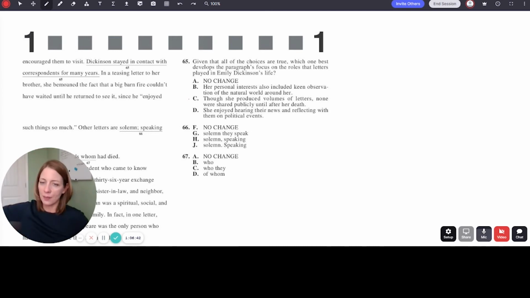So this is off topic. We're not talking about that right now. Wouldn't fit in that paragraph. She enjoyed hearing their news and reflecting with them on political events. So this kind of shows a back and forth. So the role that letters played in her life.